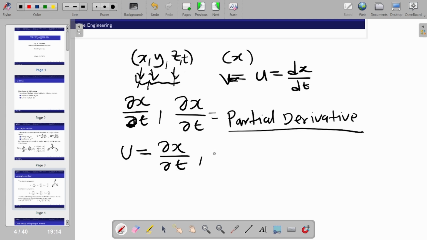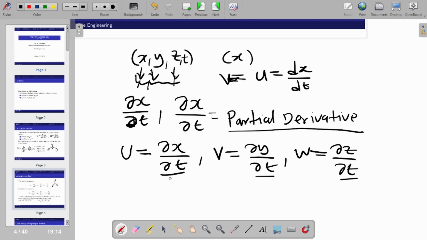Another velocity along the y-axis, let's call it v, is the partial of y with respect to time. Another one along the z-axis, let's call it w, is the partial of z with respect to time. So these are called partial derivatives, and they give us the velocity components of this particular particle.